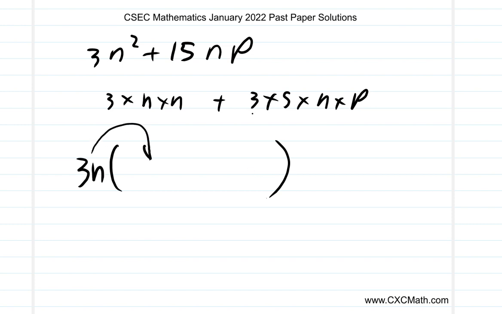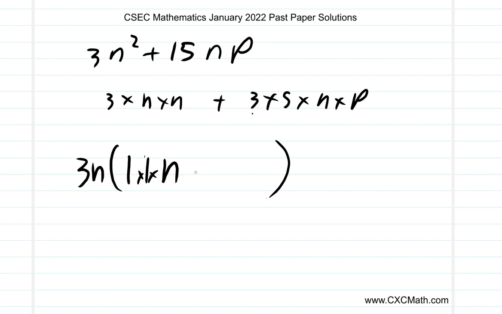3 times this will give you 3. So it's going to be 1. n times this will give you n. But this is going to be times 1. And then this n will come here. So it's 1 by 1 by n.